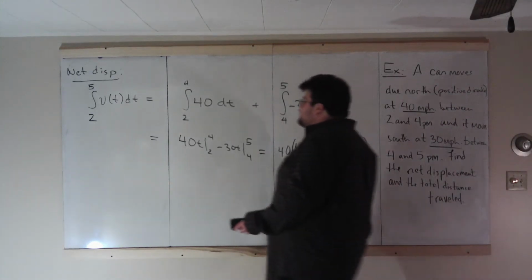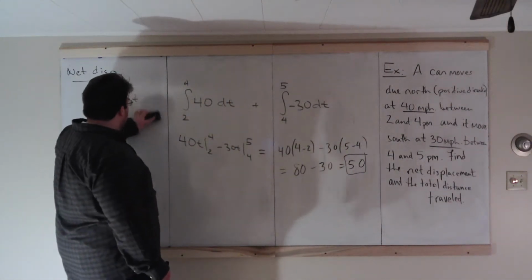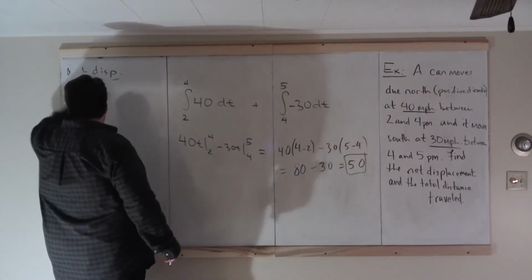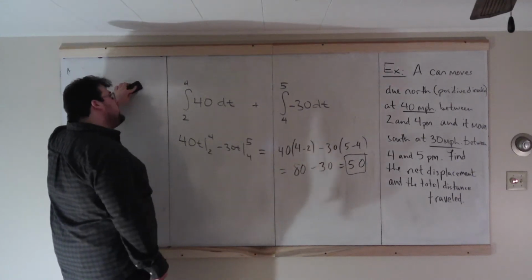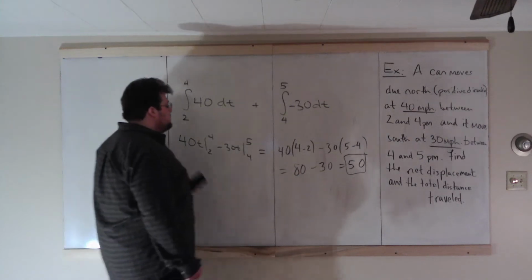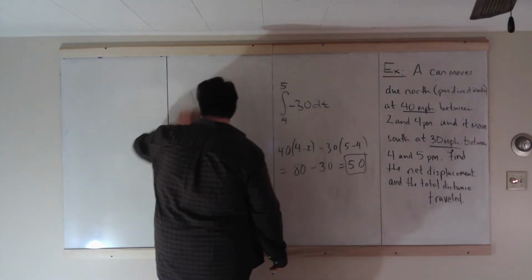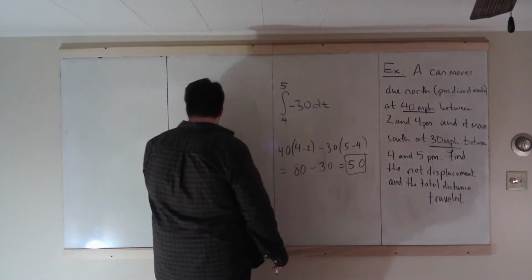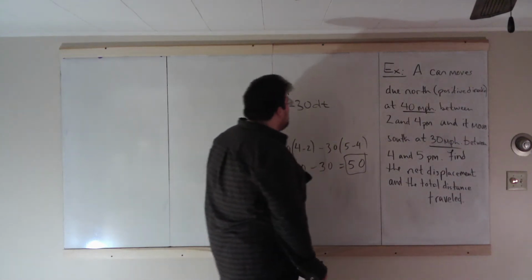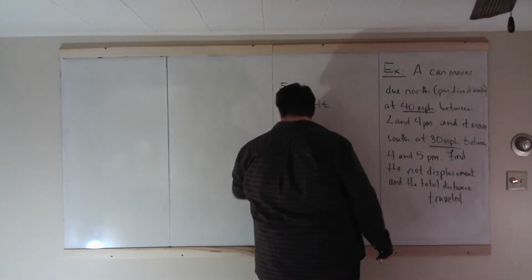The total distance traveled counts everything, even if you're going in the negative direction. So what can we do mathematically that will treat a negative as a positive?